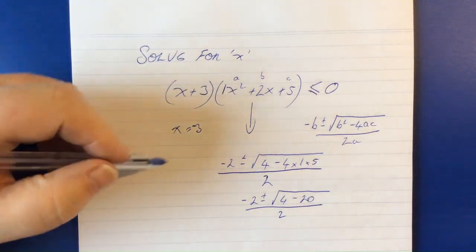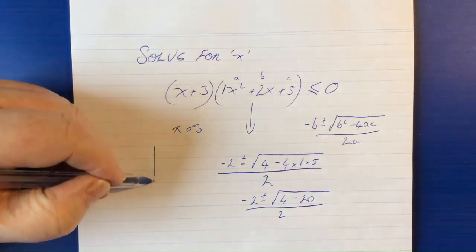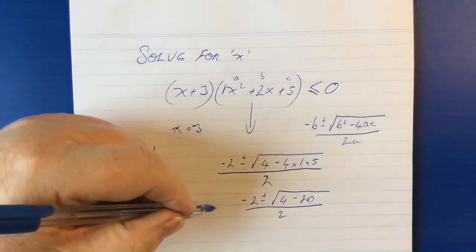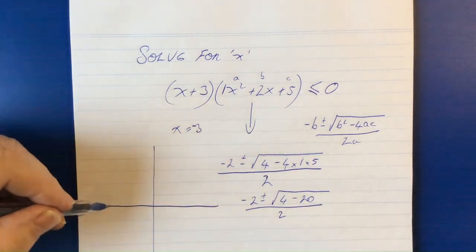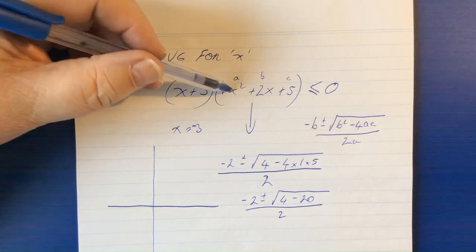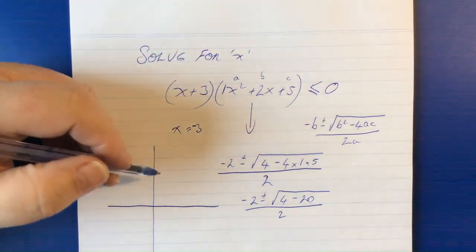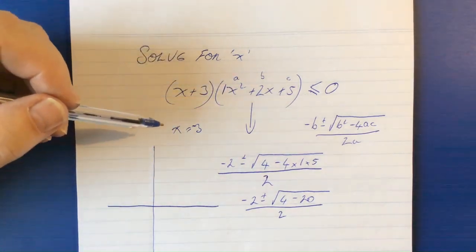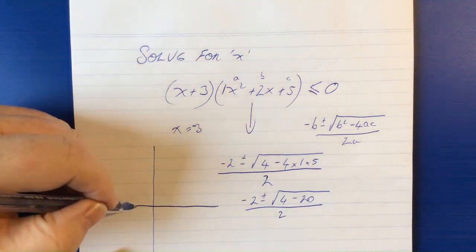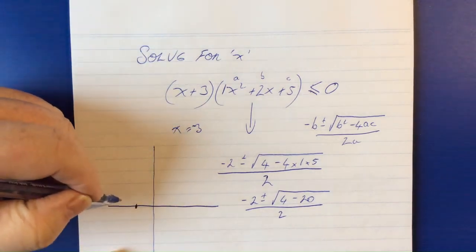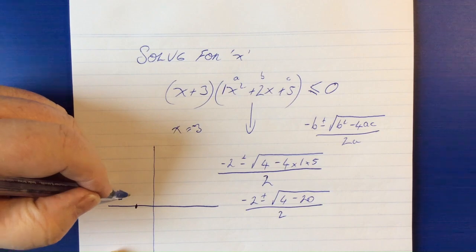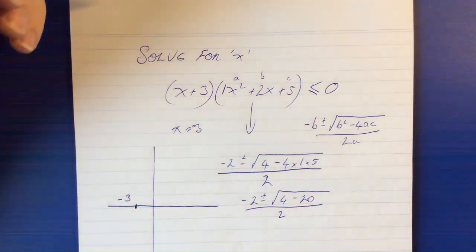So that has the following consequence for our graph, which is a cubic. It is x times x squared, so that gives us a cubic. And we have one point on the x-axis that this touches, and that is negative 3.